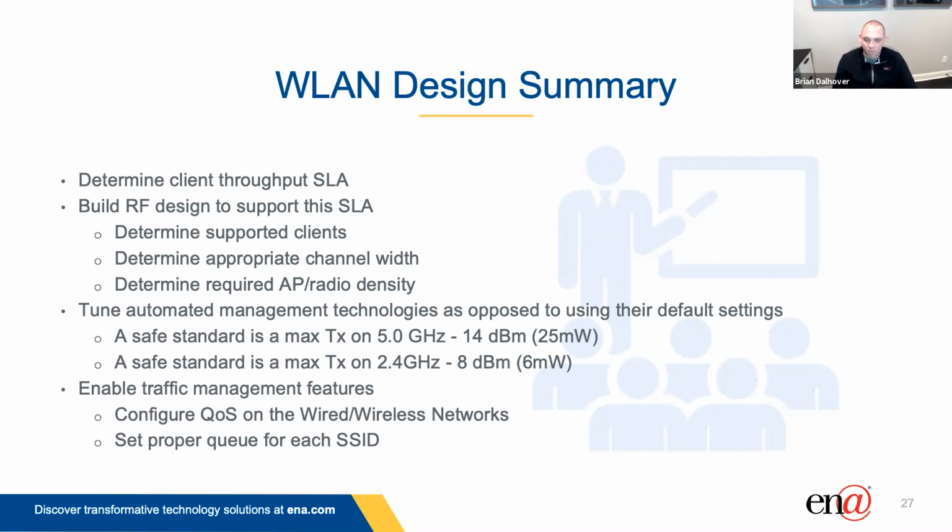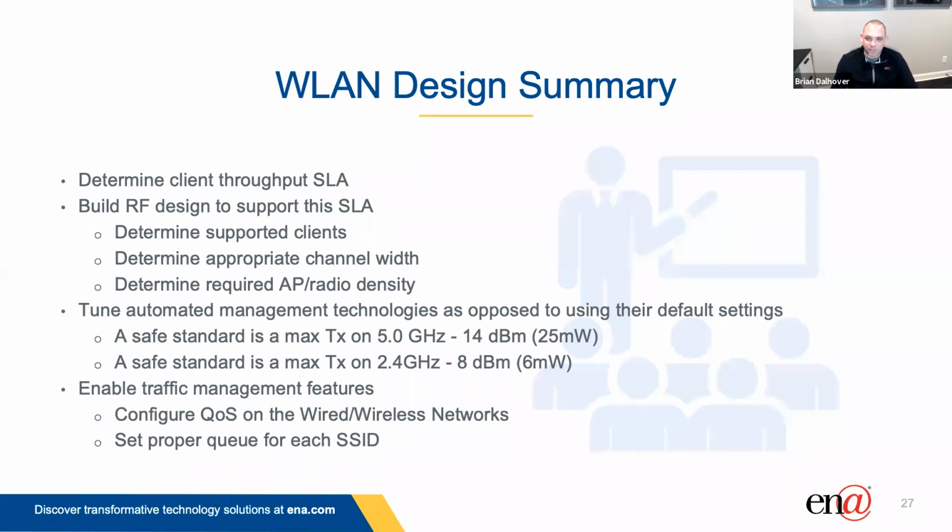I won't get into the math behind this, but I wanted to put these two bullets up here that we recommend. There's two different channel spaces you can use in Wi-Fi: the 2.4 gigahertz and the 5 gigahertz. There's a lot of differences, but one of the primary differences is how they penetrate. A 2.4 gigahertz signal travels a lot further than a 5 gigahertz signal does, just because it's a lower frequency.